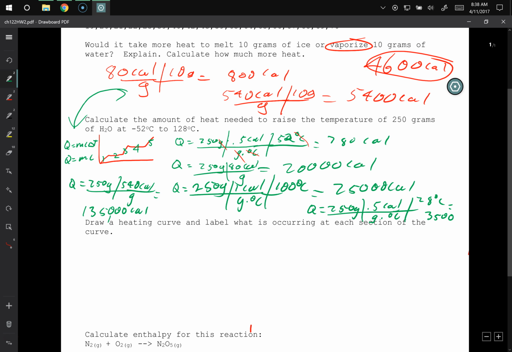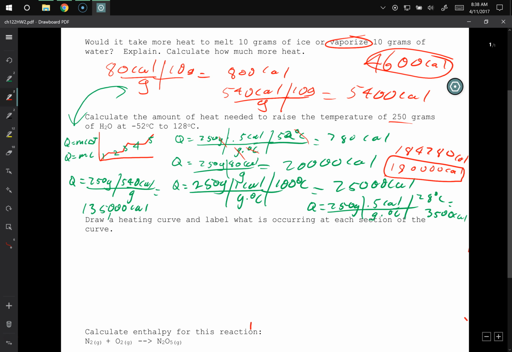So, plus 135, plus 20, plus 780, plus 25. So I add all these up, 108,480 calories. Looks like 2 significant figures, so 180,000 calories. There we go.